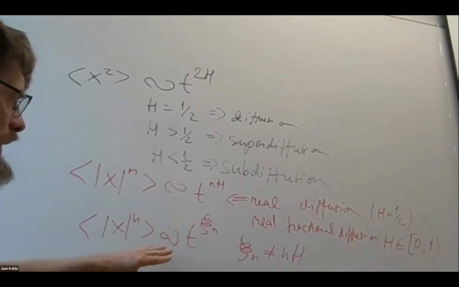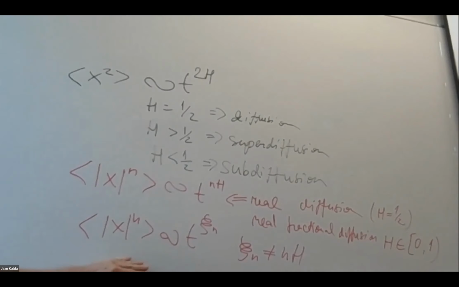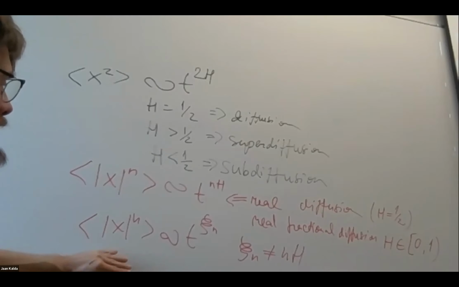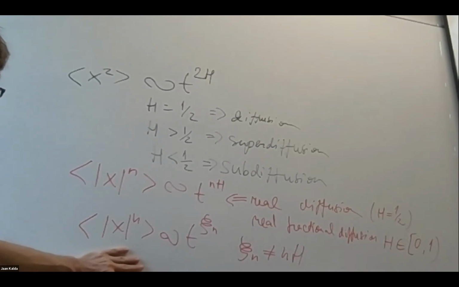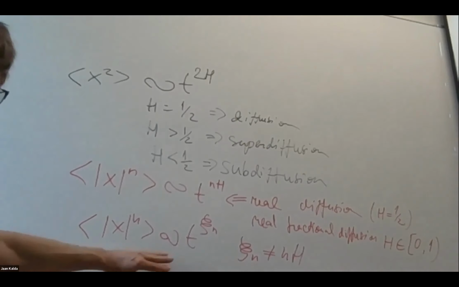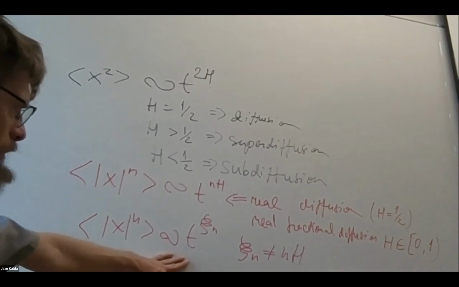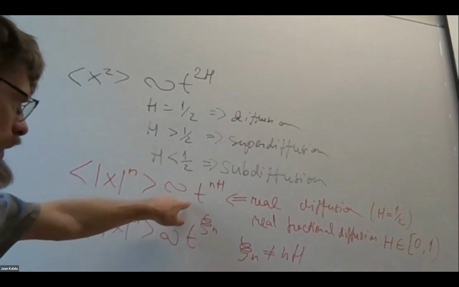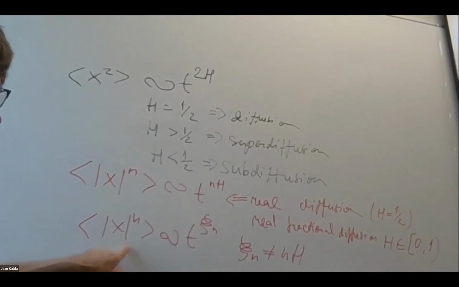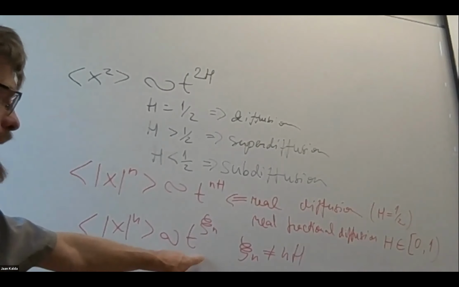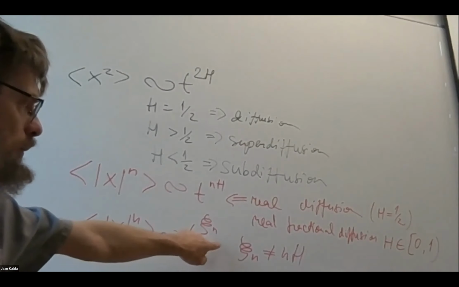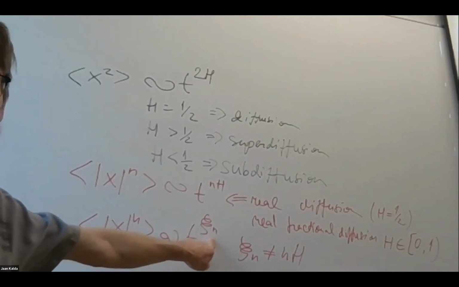But on the other hand, there are time series. You can consider as a time series x as a function of t. Then you can have situations when you still have a power law, x to the power n is still a power law of t, but the exponent itself becomes a nonlinear function of that index n.